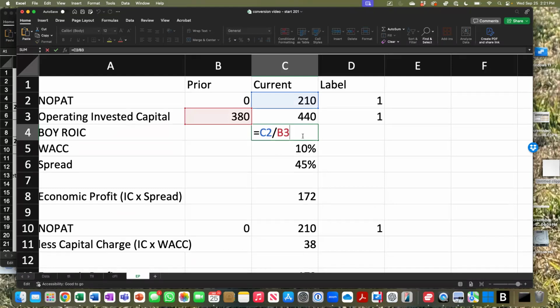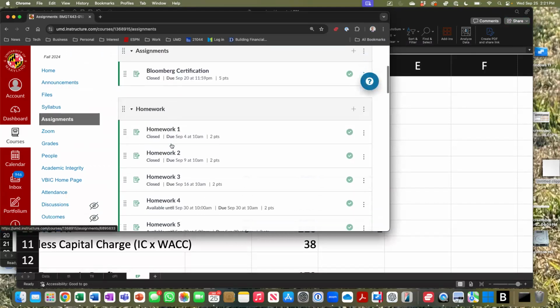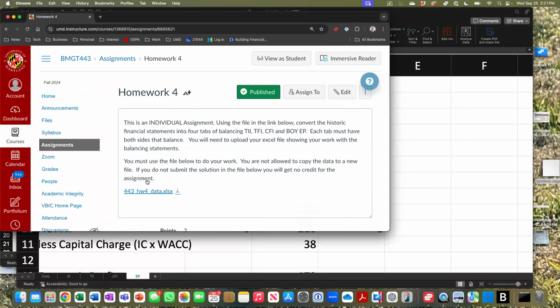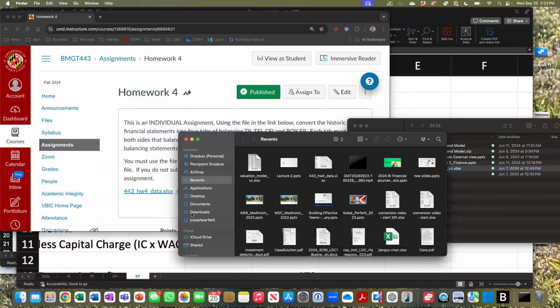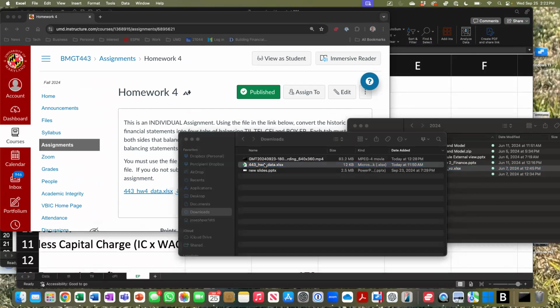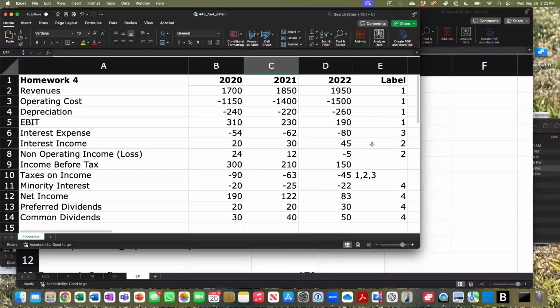All right, so for homework 4, it looks scary, but it's not. The statement you're going to download has three years' worth of data, right?